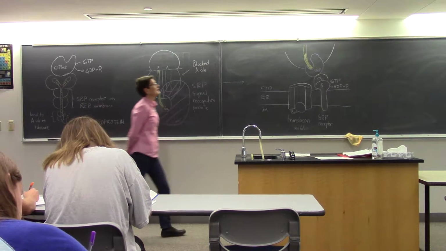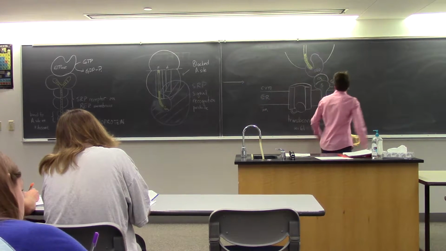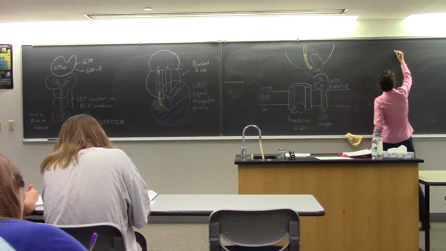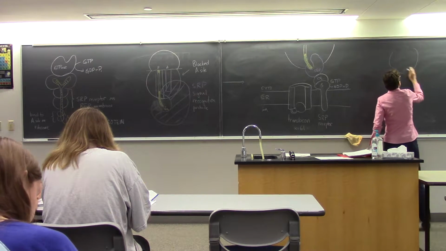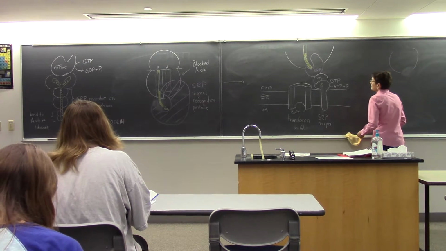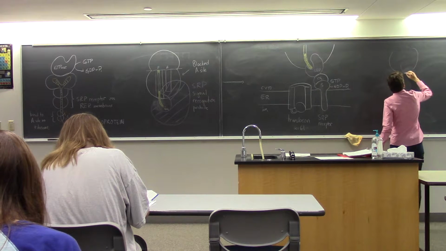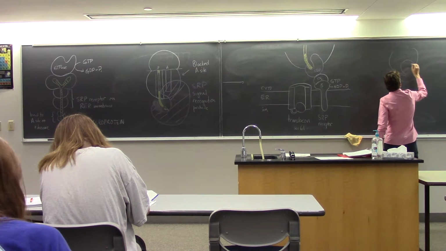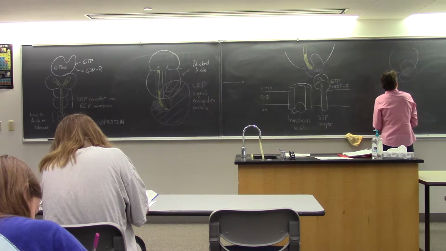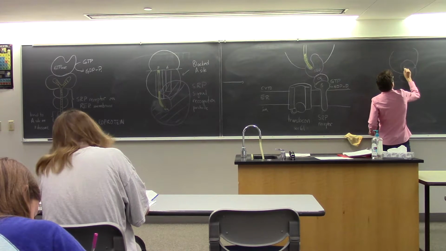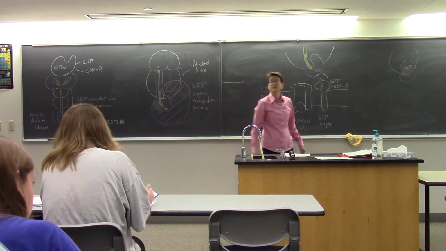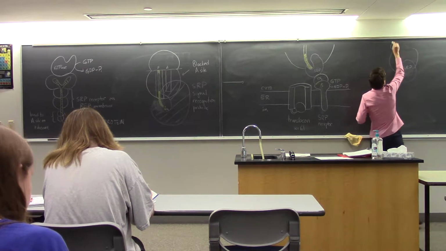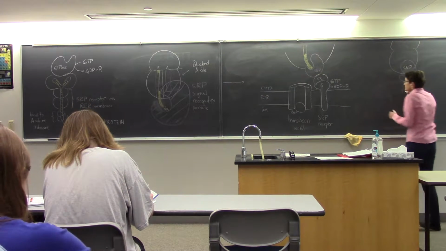Let me show you what else can happen. Because SRP can bind to the A site of a ribosome, it can bind to an empty ribosome. Okay, so draw this. This should be in a corner.